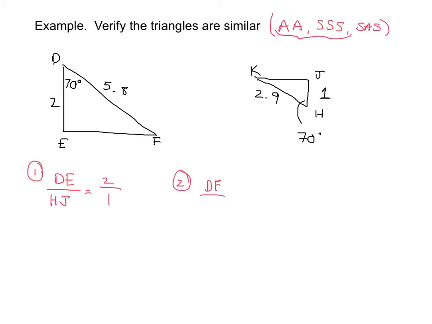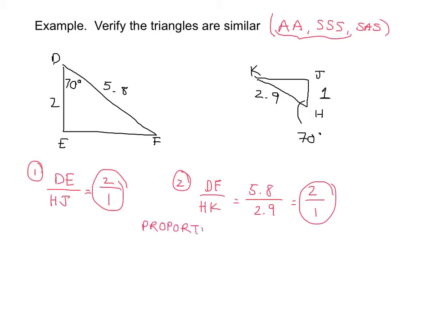So it's DF over HK, which we see as 5.8 over 2.9. Now you try to reduce this as much as possible. You can type into a calculator. What you're going to get is simply 2, or in other words, 2 over 1. Now because these two match, because they're 2 over 1, we know that the corresponding sides are proportional.